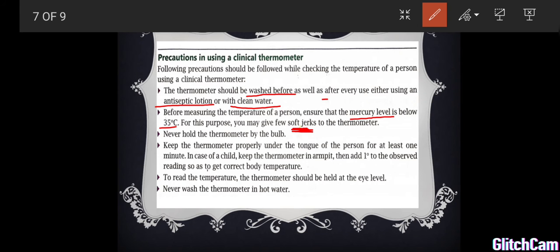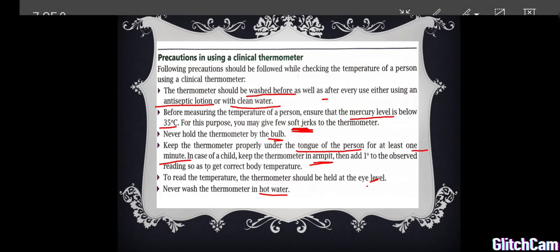Never hold the thermometer by the bulb, and keep the thermometer properly under the tongue of a person for at least 1 minute, or in the case of a small child, keep the thermometer in the armpit and add 1 degree to that particular reading. To read the temperature, the thermometer should be held at eye level in a correct position, and never wash it with warm water. These are the precautions you have to take with a clinical thermometer.